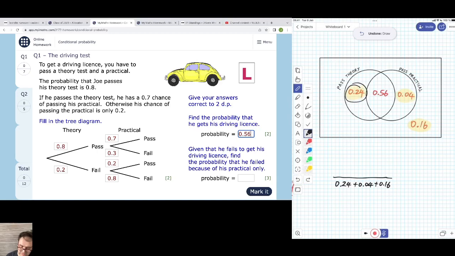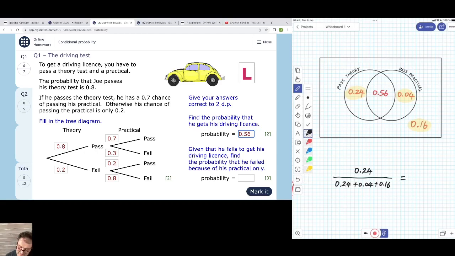So I'll just undo my scribbles there. So we're saying we want him to be in the 0.24 that passed the theory but failed the practical, out of the 0.24 plus 0.04 plus 0.16 that we know he must be in. So that's just a question of doing that calculation.